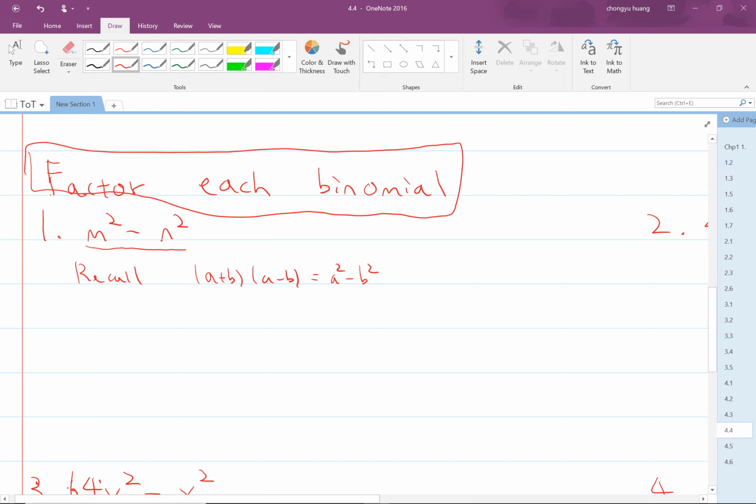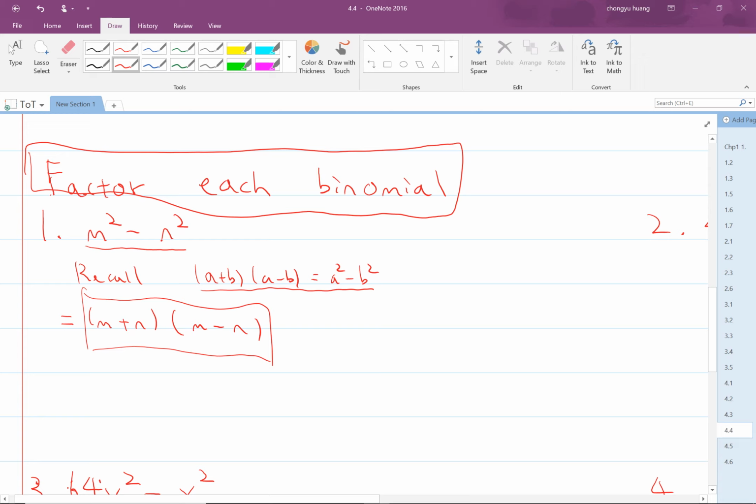As the property says, m squared minus n squared just becomes m plus n, and then m minus n, right? Let me write it a little more clearly. So we are solving the question by just using the property.